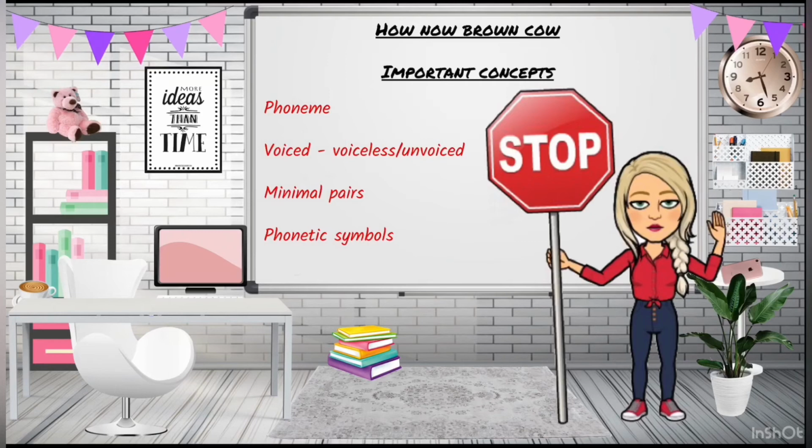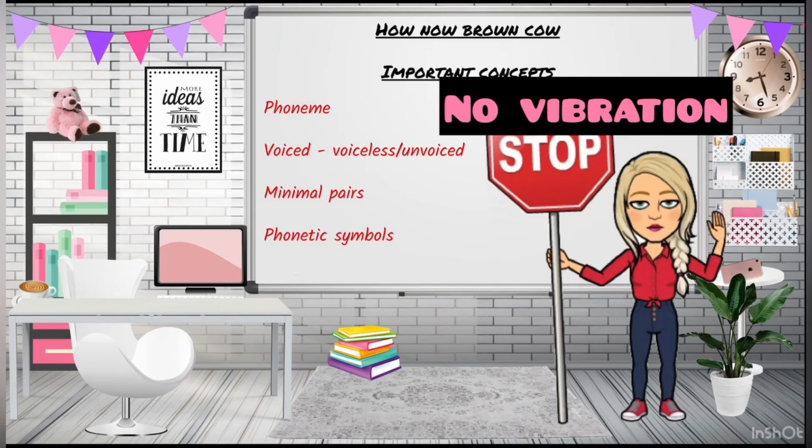In the case of voiceless or unvoiced, sounds, especially consonants, sometimes have obstructions in their production, and some of the sounds do not require the vibration of the vocal cords. So when there is no vibration of the vocal cords, the sound is voiceless or unvoiced.